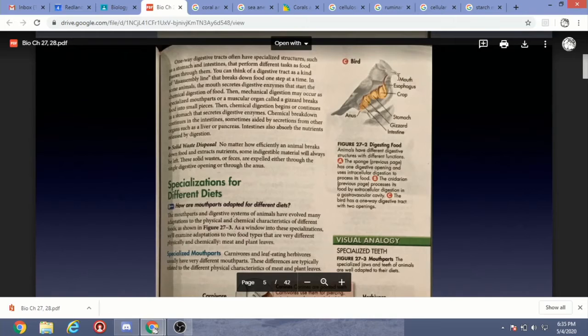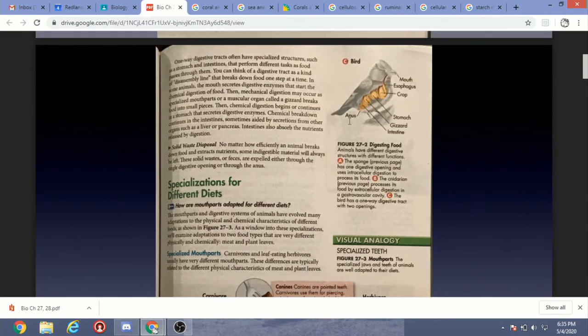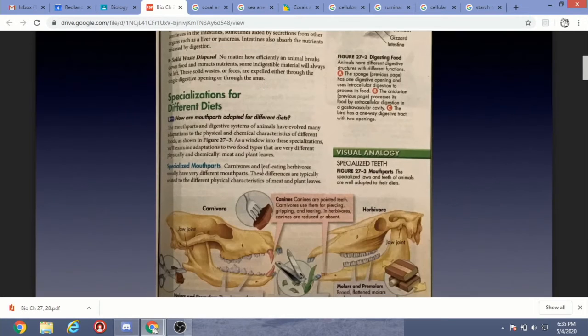Food coming in with everything, you break it down, get all the good stuff, and then poop out what is not beneficial for you, that you could not use. Any materials that you could not use for making other molecules or for energy, you just get rid of it.